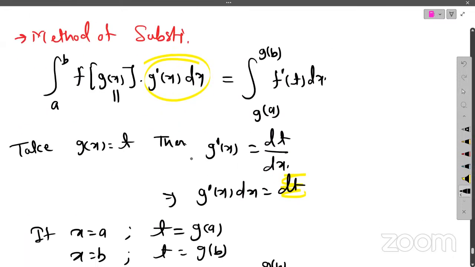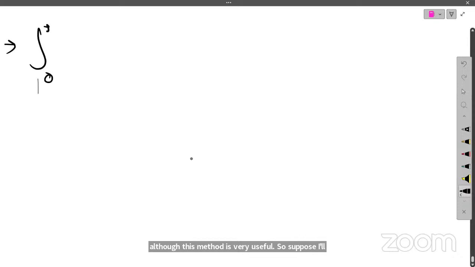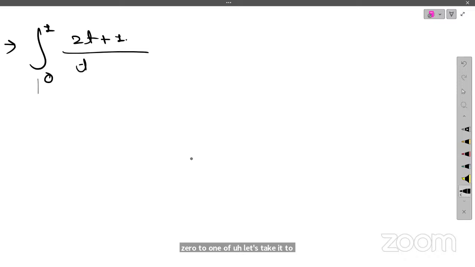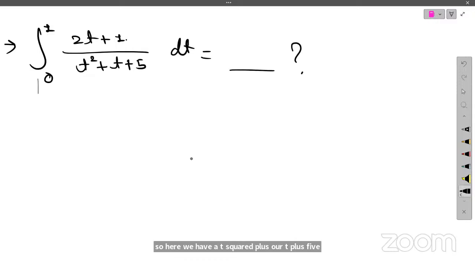Okay. Although this method is very useful, suppose I give you one integration, try to solve it. Suppose I have integration from 0 to 1 of 2t plus 1 over t square plus t plus 5 dt. Can you guys compute the value of this integration?